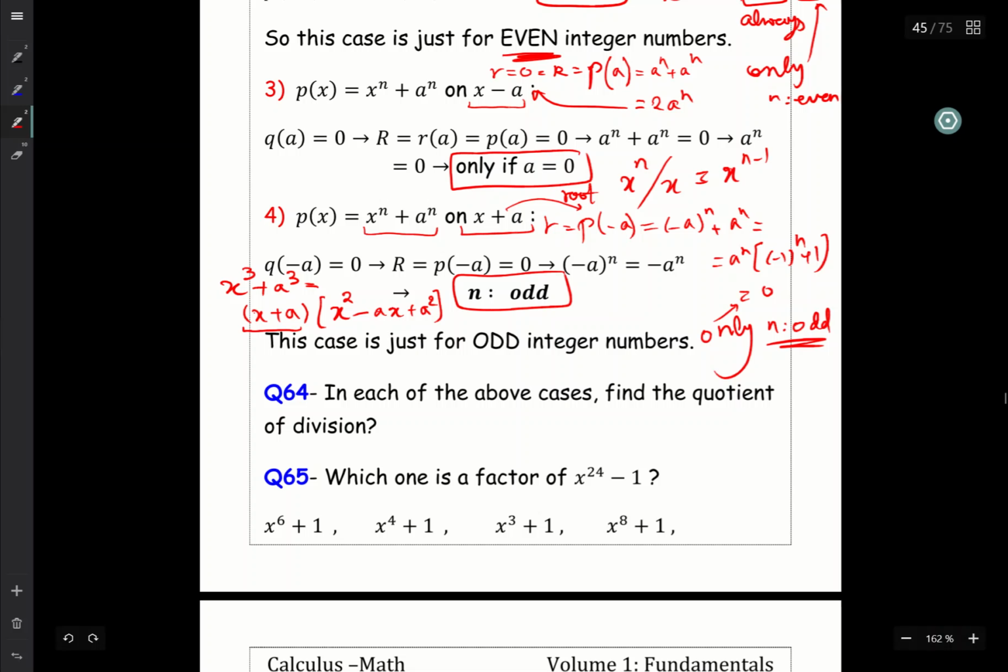Let's go and do the last one. x^n plus a^n is equal to x plus a times, where n is odd, x^(n-1).